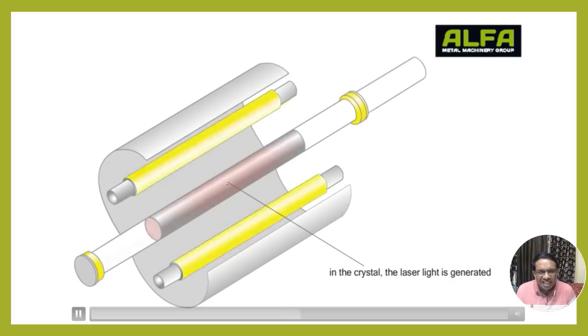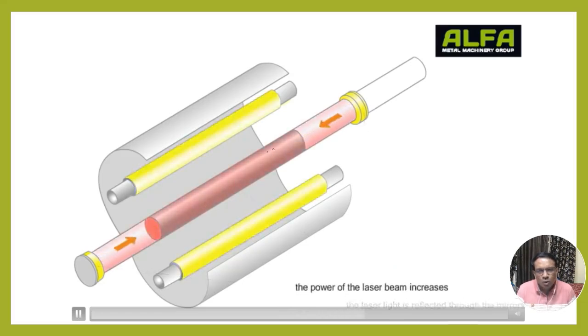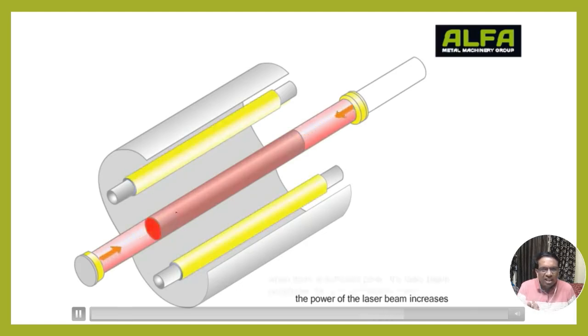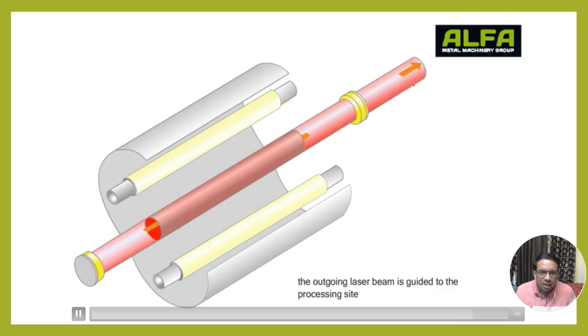Then lasing action starts inside it, and since the energy is low, it continuously reflects inside until it gets sufficient energy. Once it does, it comes out as shown in the figure, and that will be guided. This process happens continuously in the Nd:YAG laser.